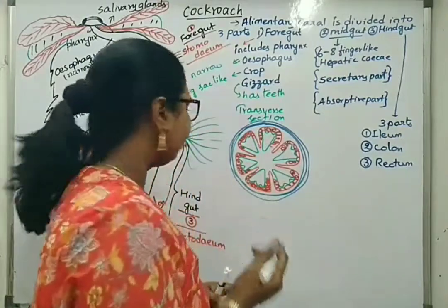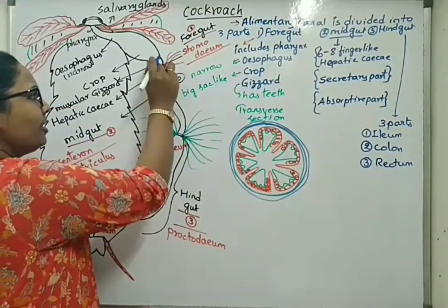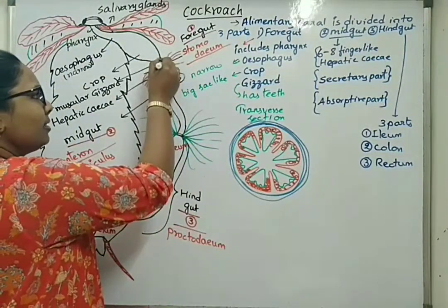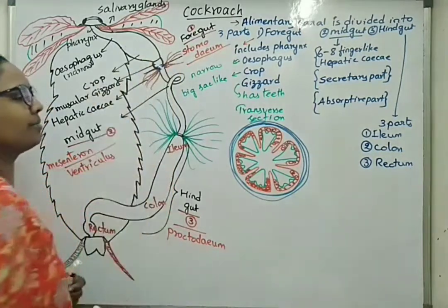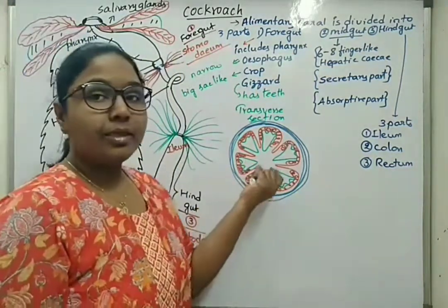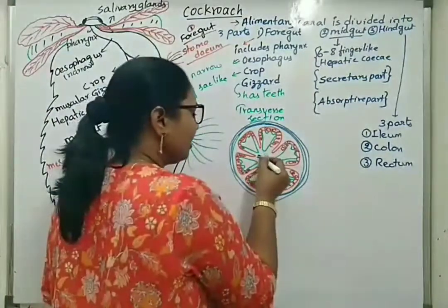Here, at the bottom part of this gizzard, there will be some hairy-like structures. When we see from the transverse section, they appear here like this.